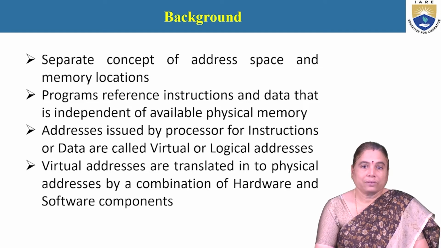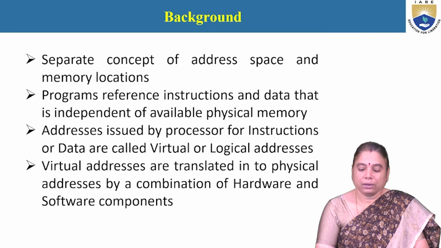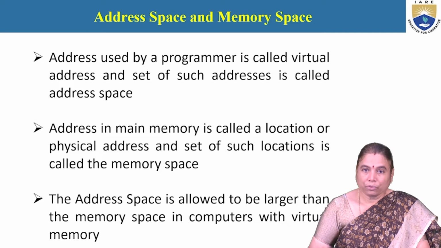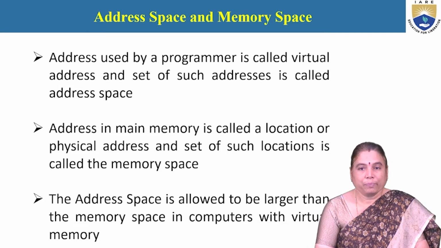Here addresses used by the processor for instruction or data are called virtual or logical addresses. Virtual addresses are translated to physical addresses by a combination of hardware and software components. So two spaces are available. One is address space, another one is memory space.